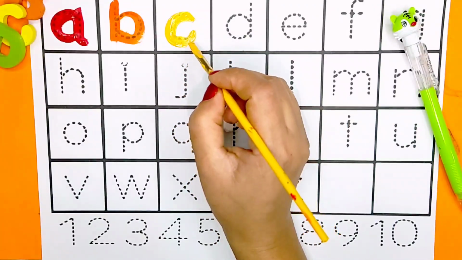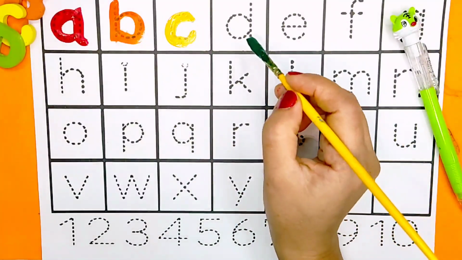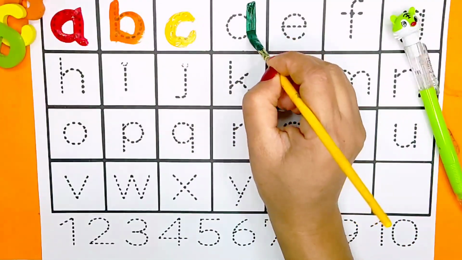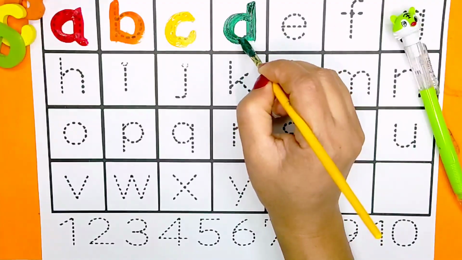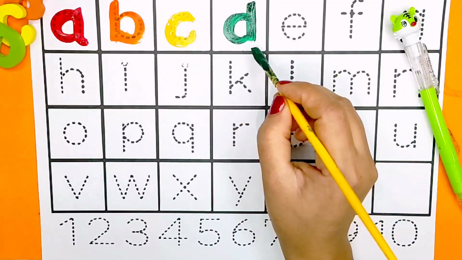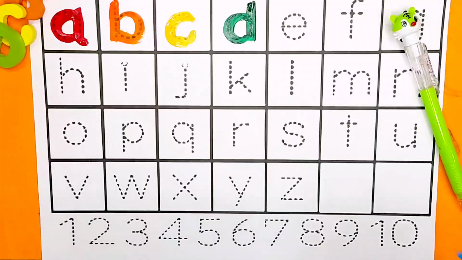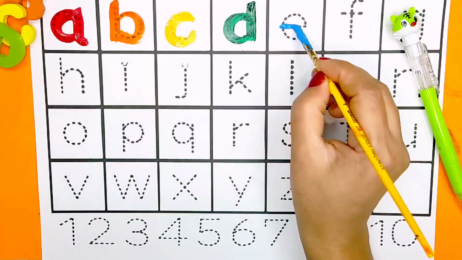C for cat, dark green color. D for dog, sky blue color.